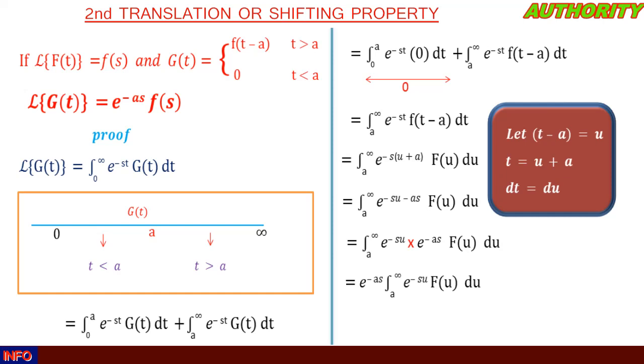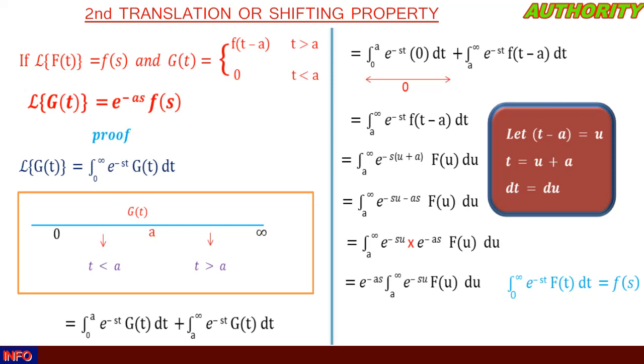Hello. I hope you are following, right? Good. Thank you. Now let's go again. Recall that the integral from 0 to infinity of e raised to the power of minus st, f of t dt, is equal to F of s. So in this case now, what do we have?